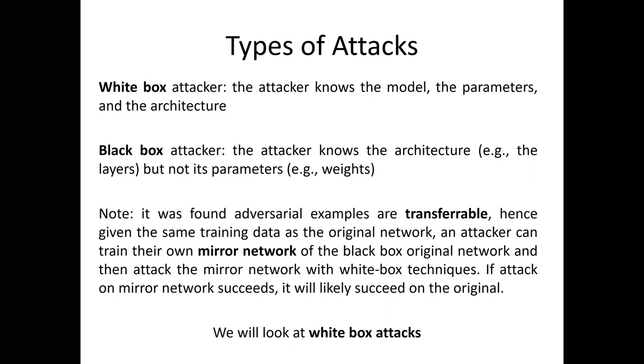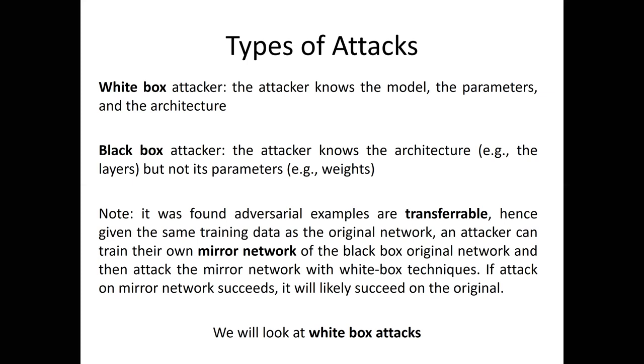This mirror network will typically have different weights than the original network, because even with the same data and architecture, you may not know how long the original network was trained, what optimization method it used, and so on.